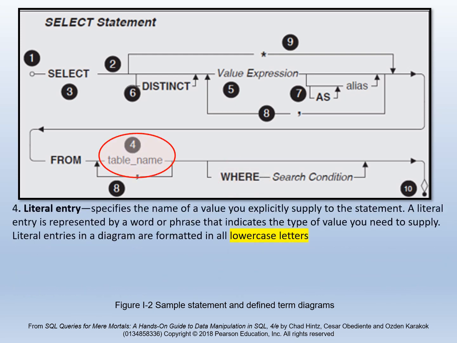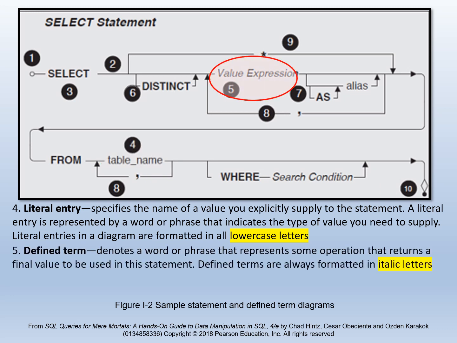A literal entry, which is usually a value expression, is always indicated by lowercase letters, as in the case when you are naming a table in the from clause. Defined terms are always in italic letters.